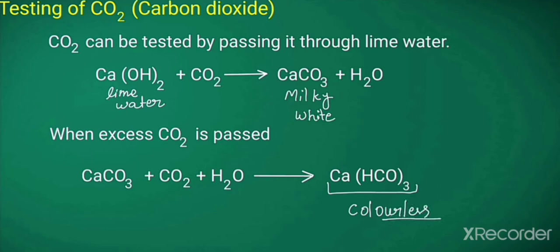You keep adding more and more carbon dioxide into that, and there is a formation of colorless solution. First, when you add a little amount of carbon dioxide, a milky white color is formed. You add more and more, and the solution becomes completely colorless. With this you will identify the carbon dioxide concentration.